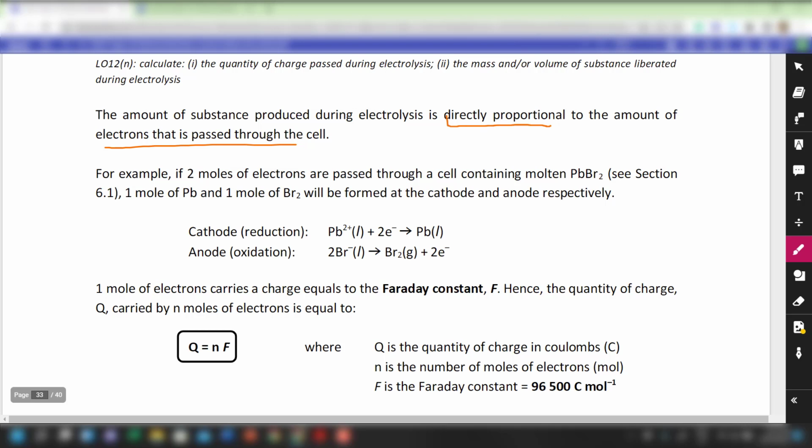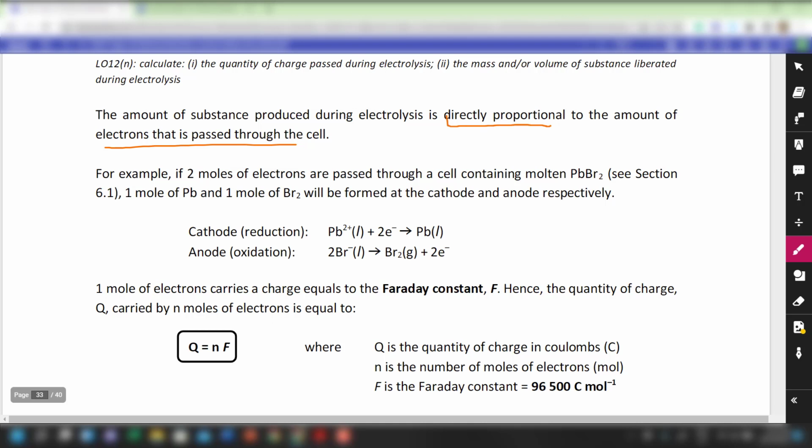For example, in the electrolysis of molten lead bromide, which we have seen in section 6.1, if 2 electrons are passed through the cell, at the cathode you will notice that 1 mole of lead 2+ is reduced to 1 mole of lead, and at the anode, 2 moles of bromide is oxidized to 1 mole of bromine, and in the process 2 moles of electrons are transferred.